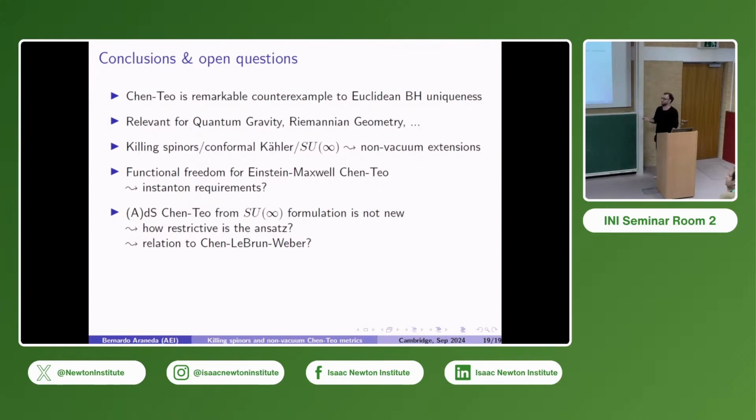And is there any relation to the Chen-Lebrun-Weber metric, and can we construct explicitly this metric via this formulation? I don't know. I think it is reasonable to at least speculate about it.